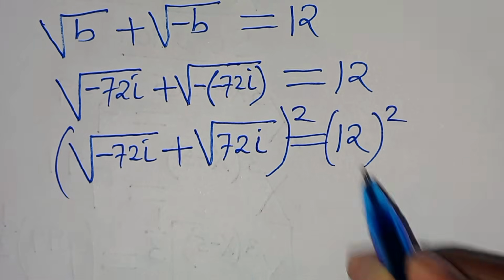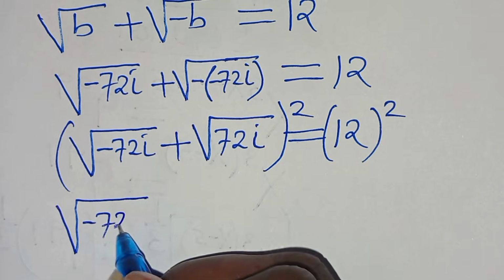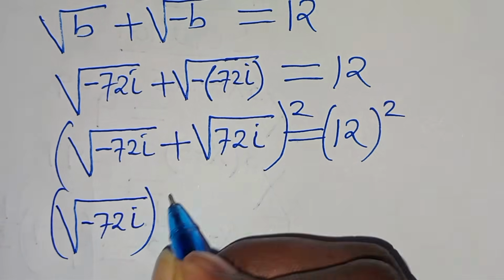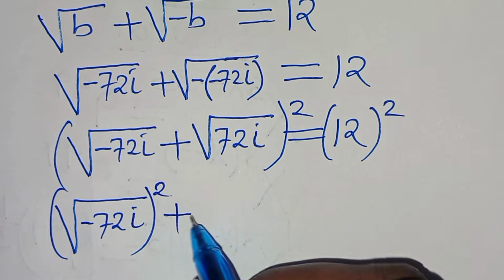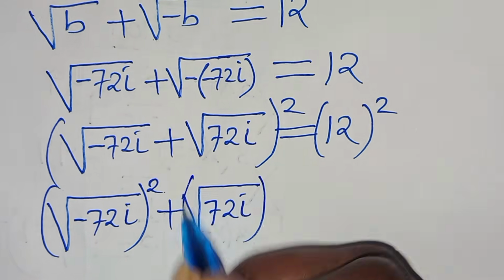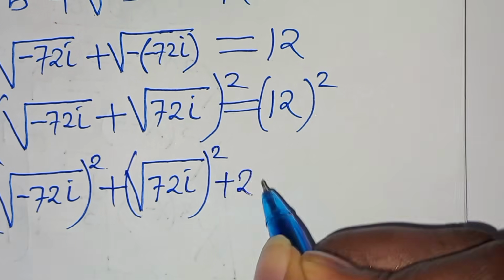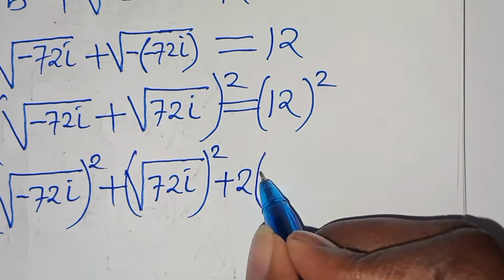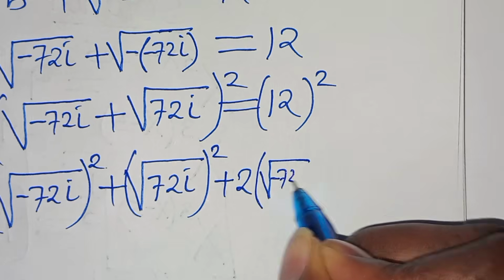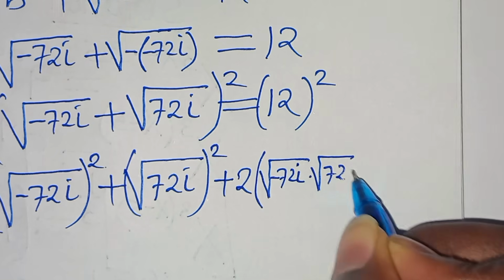So again from here, we have the square root of minus 72i raised to the power of 2, then plus the square root of 72i raised to the power of 2, then plus 2 multiplied by the square root of minus 72i multiplied by the square root of 72i.